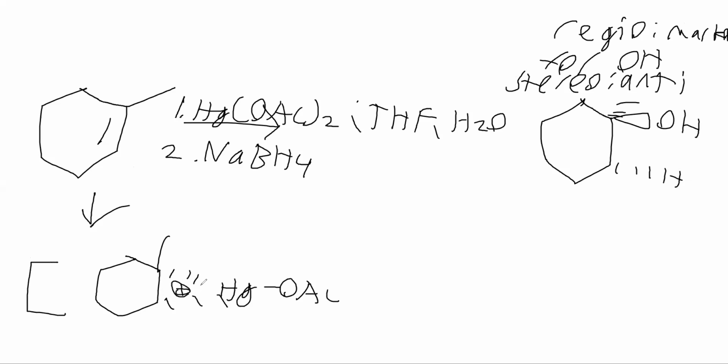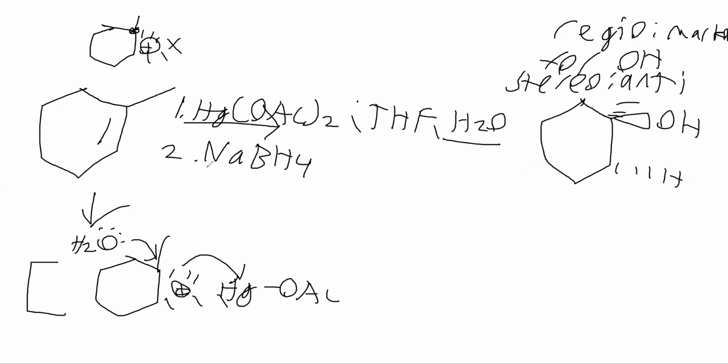So this intermediate looks very similar to this, and when we had this intermediate, when we added X2 in water, the OH added to this more substituted spot. So the same thing is going to happen with water here. It adds up here. That's why it leads to the Markovnikov position.